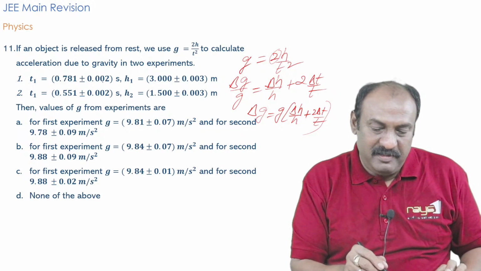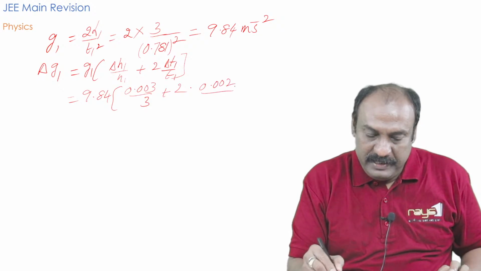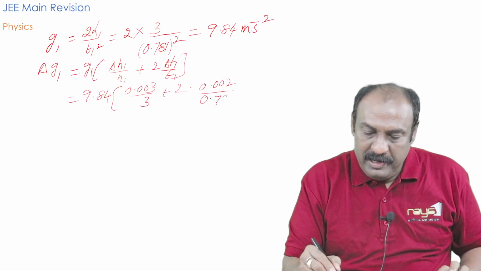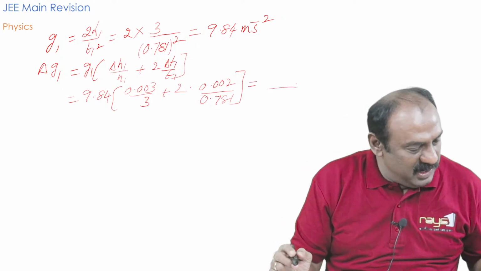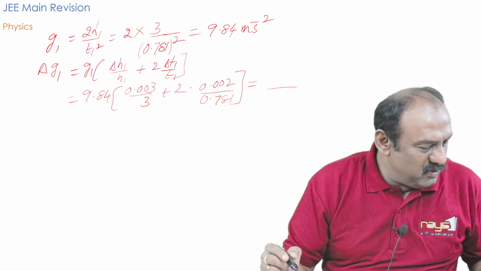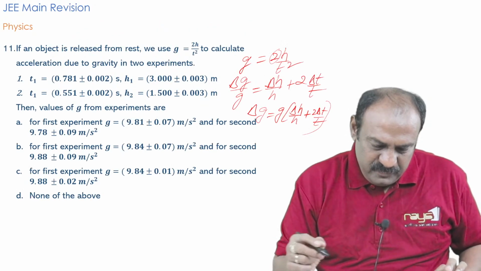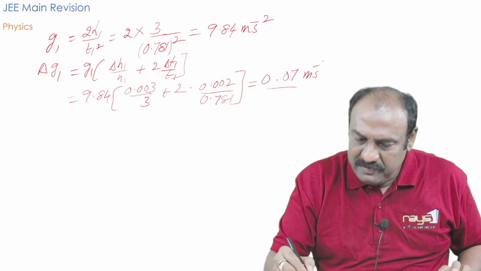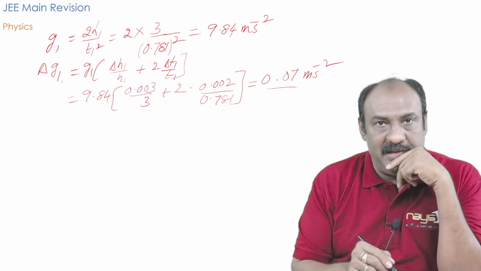Delta t1 value is 0.002, 0.002 by t1 value. t1 value is 0.781. Do the calculation, then you get a delta g1 value as 0.007 meter per second square. Okay, like that we can calculate g1 and delta g1 value.